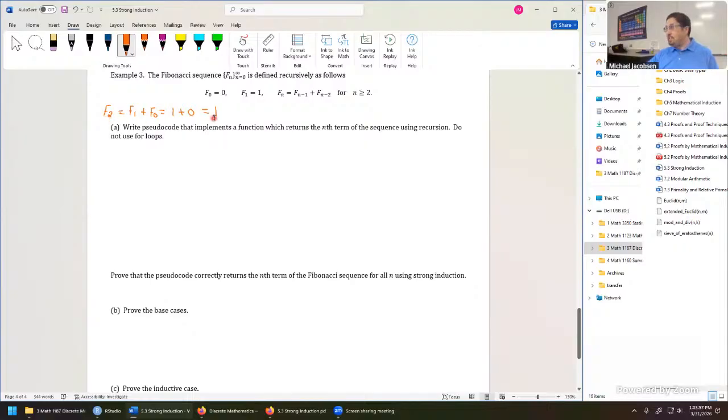But really the whole heart of the sequence is we add together the 2 prior terms. So likewise, if we want the third term of the Fibonacci sequence, we take the second term, which is 1, plus the first term, which is 1, to get a 2. Let's do one more just because we have space. If we want the fourth term, we take the third term.